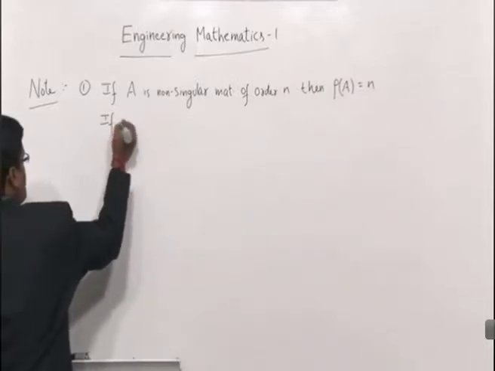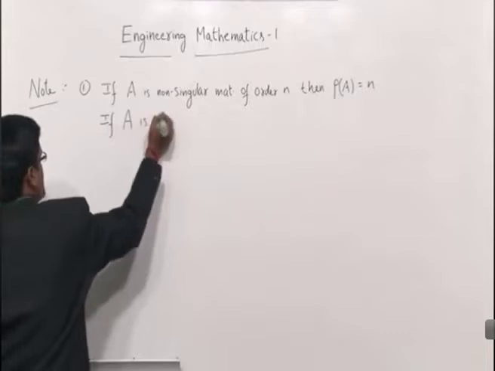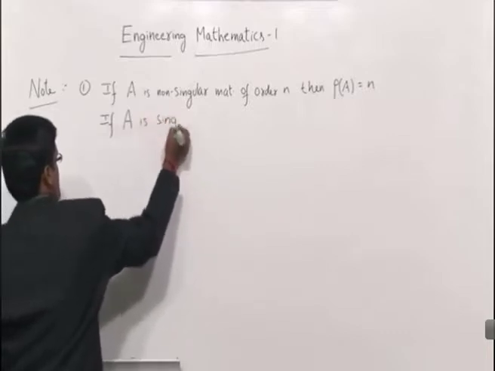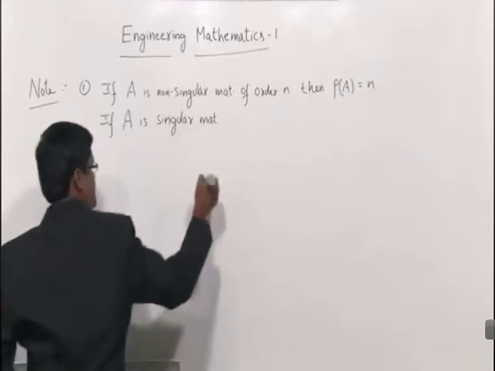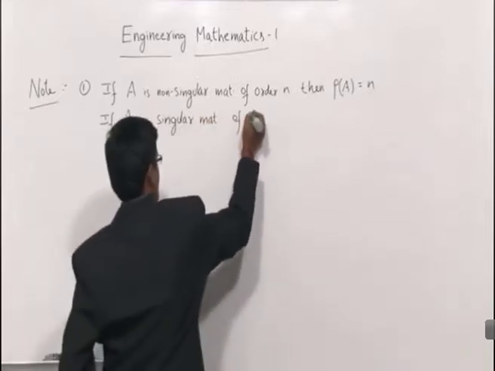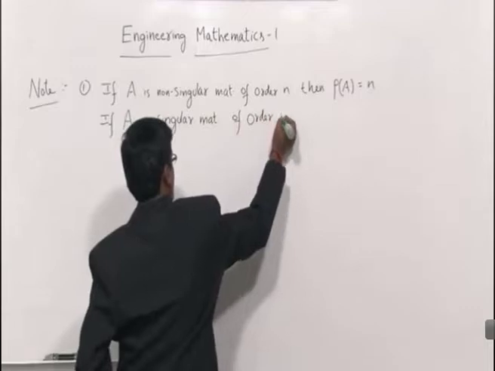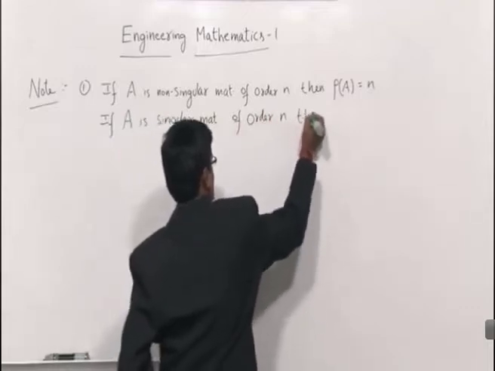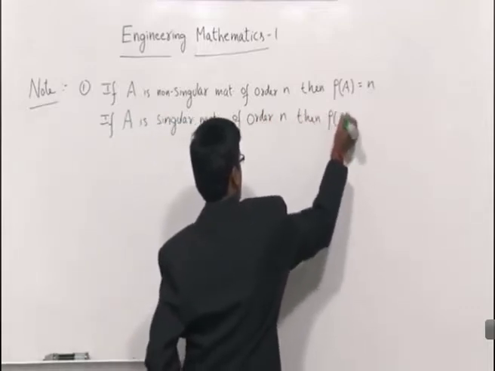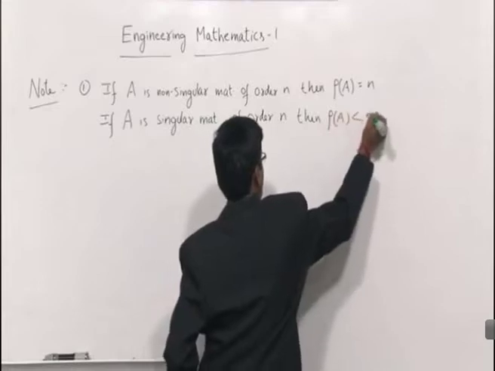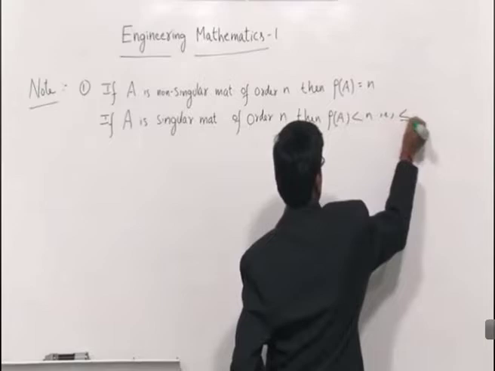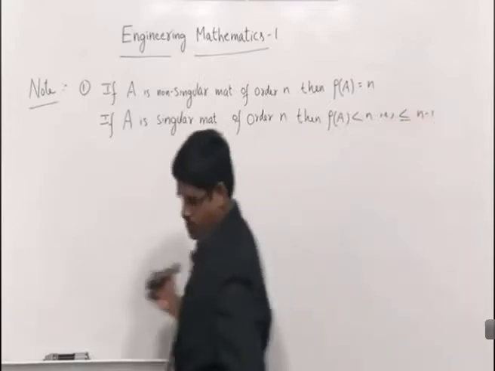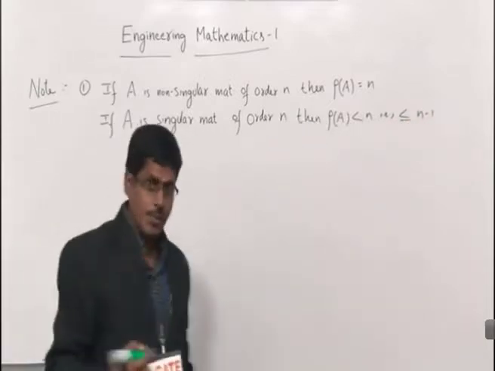If A is a singular matrix of order n, then rank A is less than n, that is, less than or equal to n minus 1 also. These two tell what the previous examples showed.